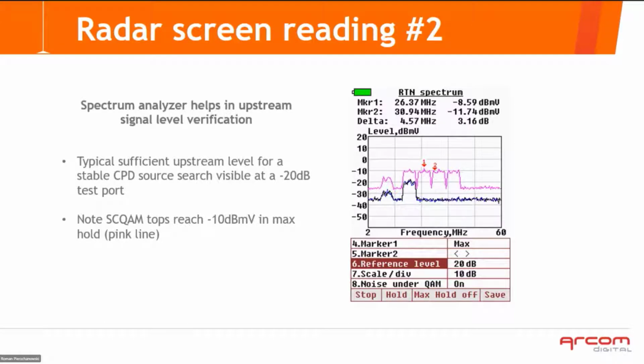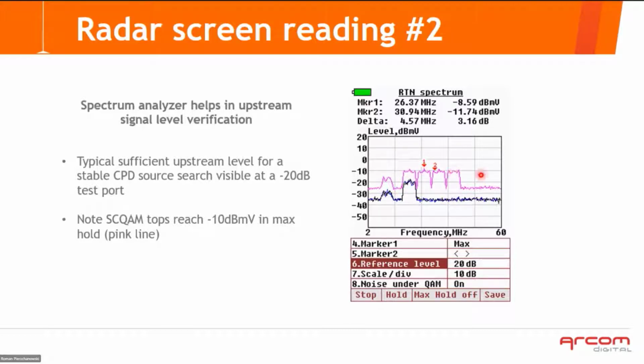And you might think there is no CPD, but actually there is no proper connectivity to the return or to the forward, because the forward is also important. This is the average level of what you will see at the test ports. It's like -10 dBmV.